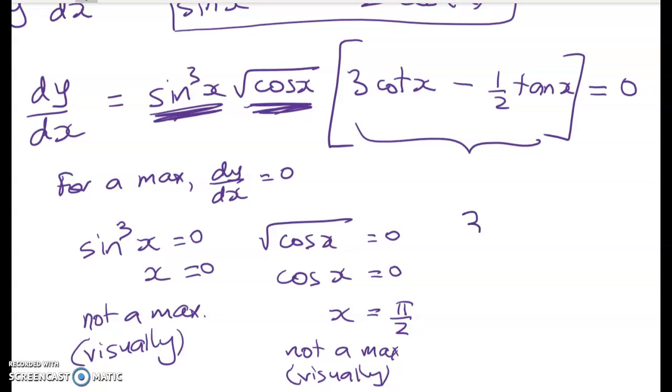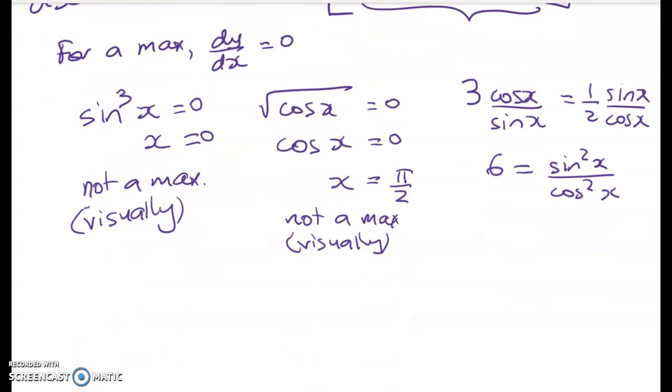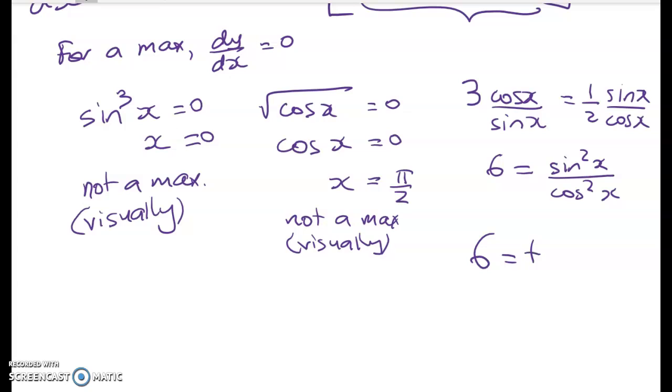So we have 3 cos x over sine x is equal to 1/2 tan x, which is sine x over cos x. That gives me 6 is equal to sine squared x over cos squared x. So 6 is equal to tan squared x.